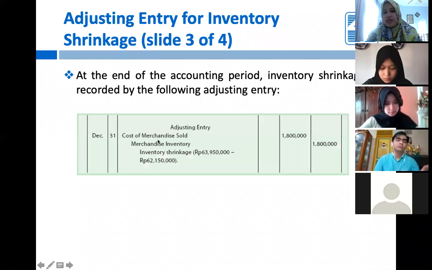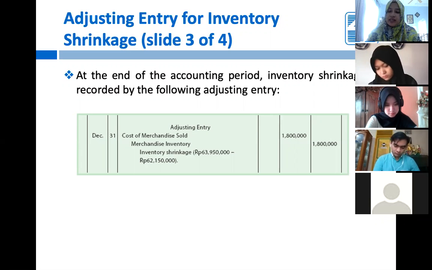Previously, we debit cost of merchandise sold and credit inventory. This is the normal amount. It's expected. Almost every year we have this kind of amount. But suddenly the shrinkage is very huge, let's say 18 million instead of 1,800,000.